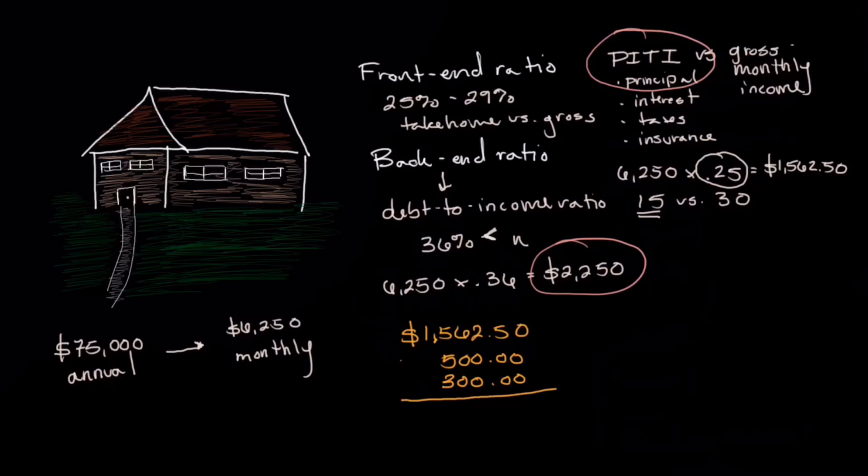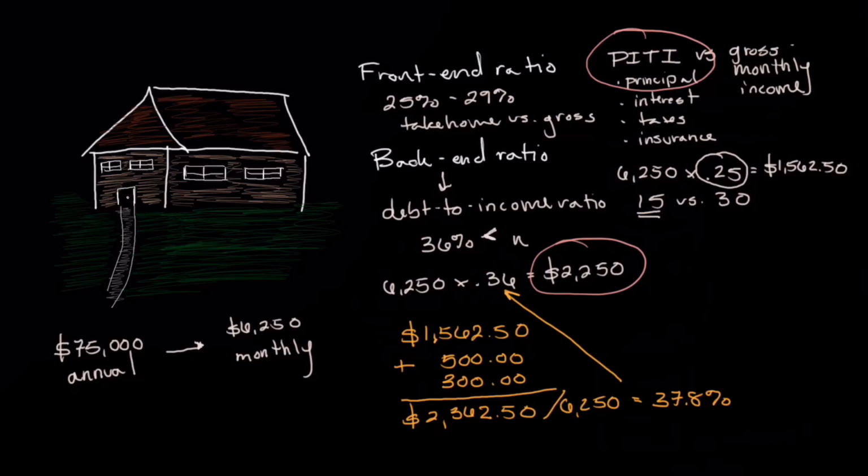If we add up all these figures, our monthly debt payments, including our mortgage, would be $2,362.50. Now, if you divide that by 6,250, you would get a debt-to-income ratio, or a back-end ratio, whichever terminology you want to use, of 37.8%, definitely exceeding our recommended 36%.